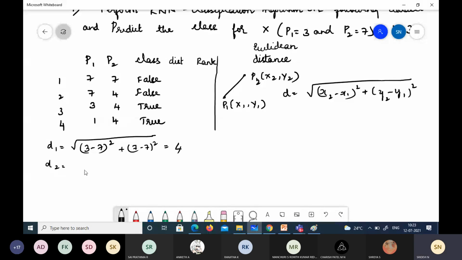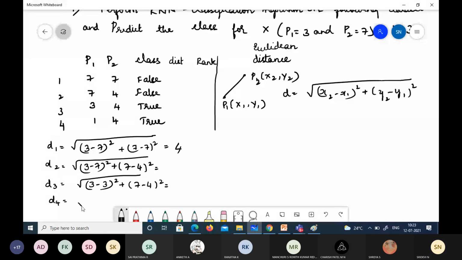Then D2 in the same way. So it is 3 minus 7, then 7 minus 4 whole square plus 7 minus 4 whole square. So this is what? Yes, values I want. D2 is 5 now.